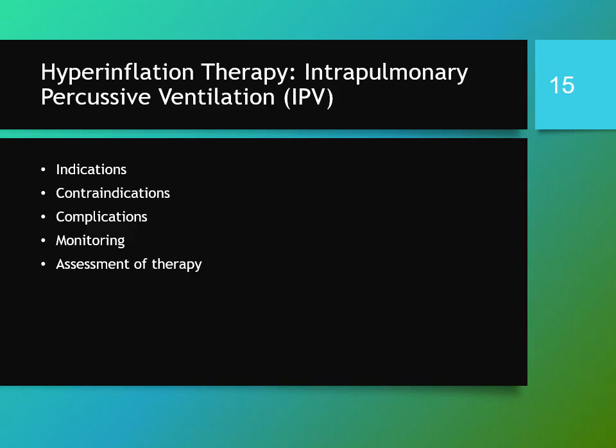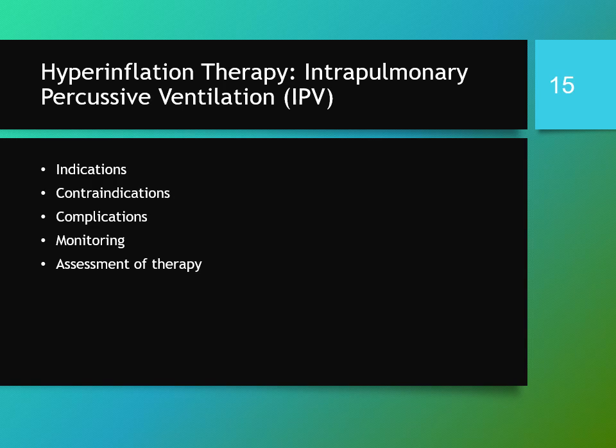Common conditions that benefit from IPV therapy include cystic fibrosis patients, bronchiectasis patients, neuromuscular patients like cerebral palsy, and ones that have weakened cough muscles. Also, acute atelectasis can benefit from it as well.